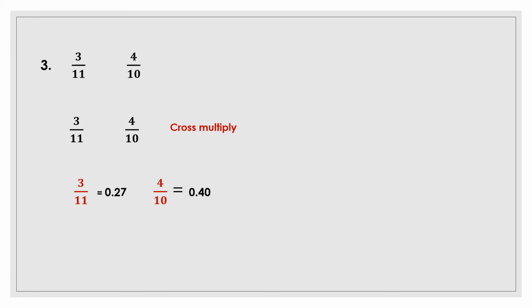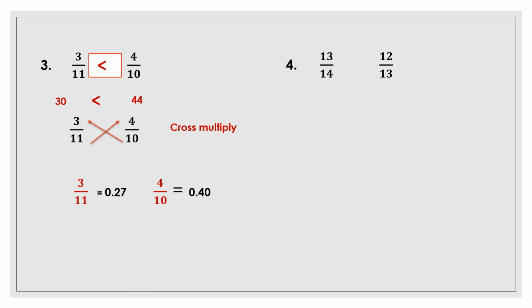Pag nag-cross multiply tayo, 10 times 3 ay 30, 11 times 4 ay 44. So, we can say that 30 is less than 44. Kaya, itong 3 over 11 is less than 4 over 10.